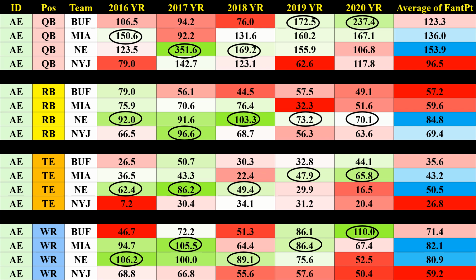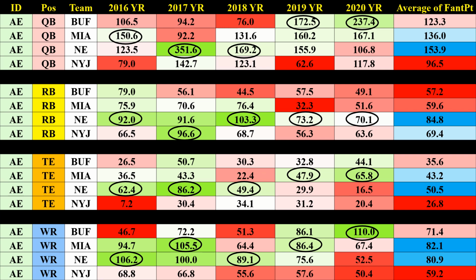Hate allergies. In the matchups here, note that Miami was second, and the Jets and New England came in dead last of the four.